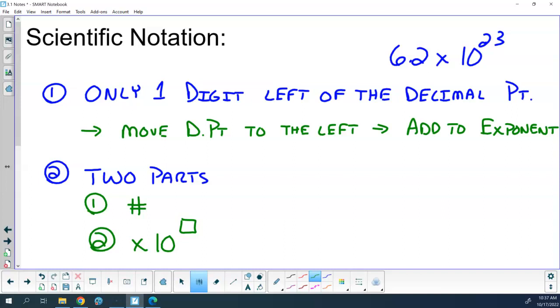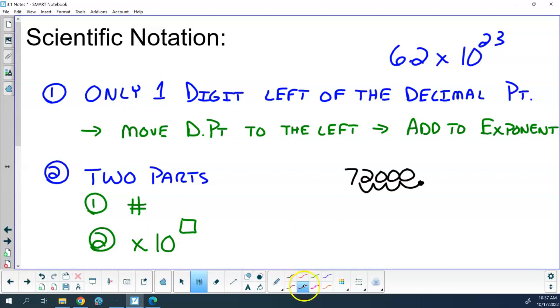So, if we wanted to put 72,000 into scientific notation, the decimal point is right here, correct? I need 1 digit to the left of the decimal point. So I'm going to have to move this over 1, 2, 3, 4 times.